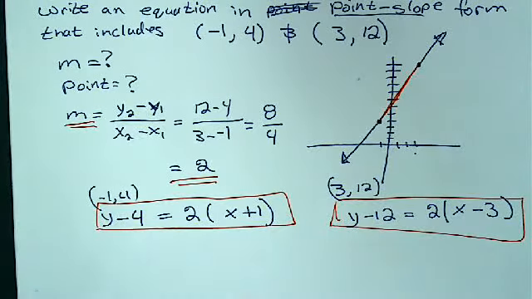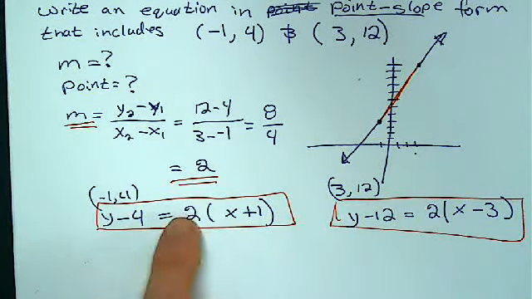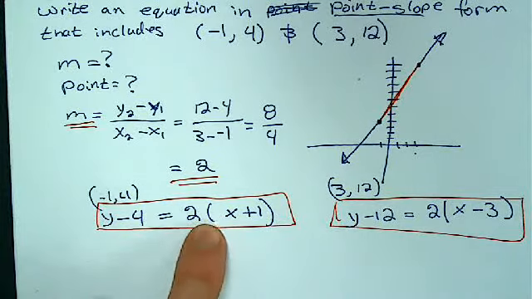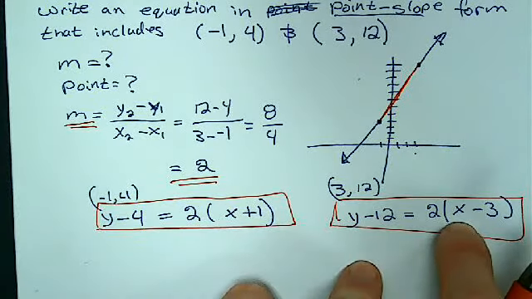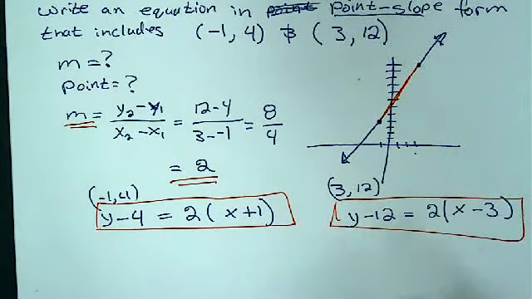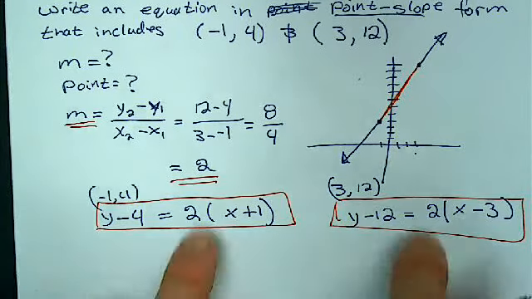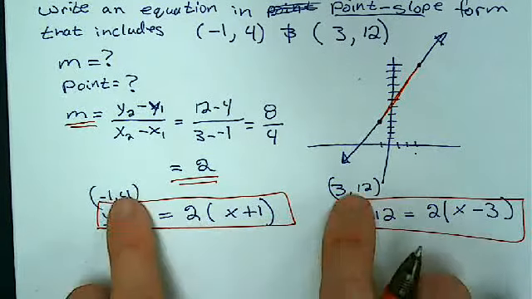If I put 0 in for x here, I get 2, and so I add 4 to both sides to get y is 6. If I put 0 in here for x, I get negative 3 times 2 is negative 6, plus 12 is 6. I get the same values as I plug into both of these. So they're equivalent expressions. Again, it doesn't matter which one I use. I just have to pick one.